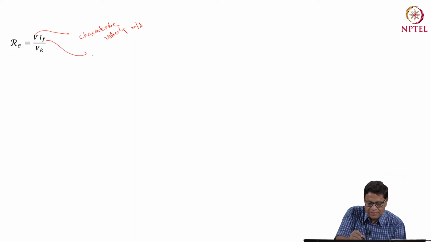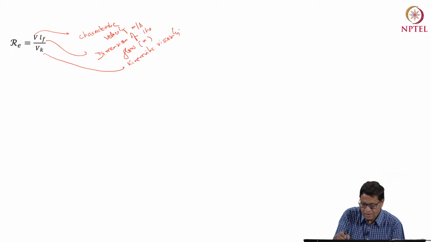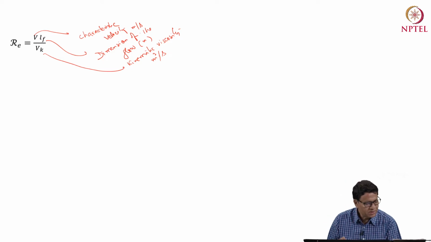And LF is the dimension of the flow, which is given in meters. And Vk is the kinematic viscosity. Its units are meter squared per second. So this is a dimensionless quantity.